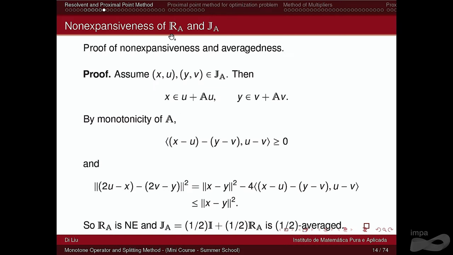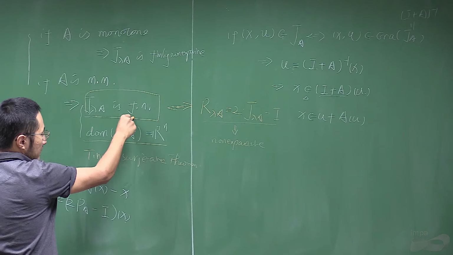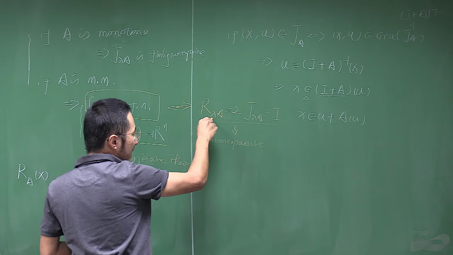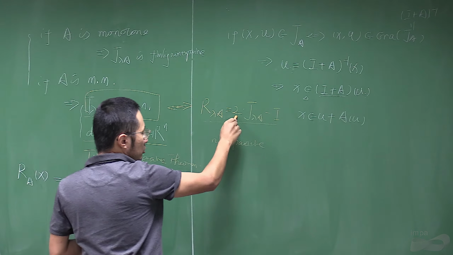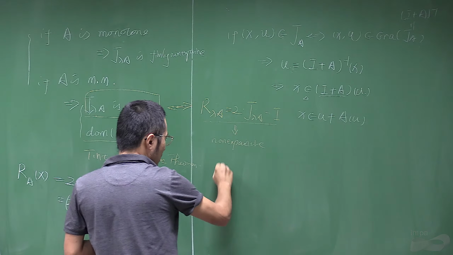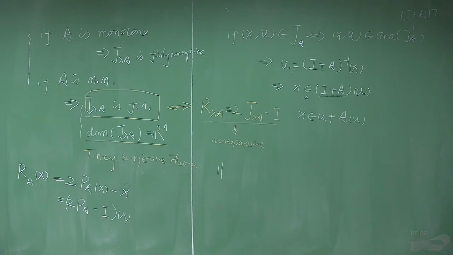Next we have this inequality. The idea to prove the resolvent is firmly non-expansive is equivalent to saying the reflection of A, which is 2 times the resolvent minus I, is non-expansive. So what is non-expansive? The definition of non-expansive is here.